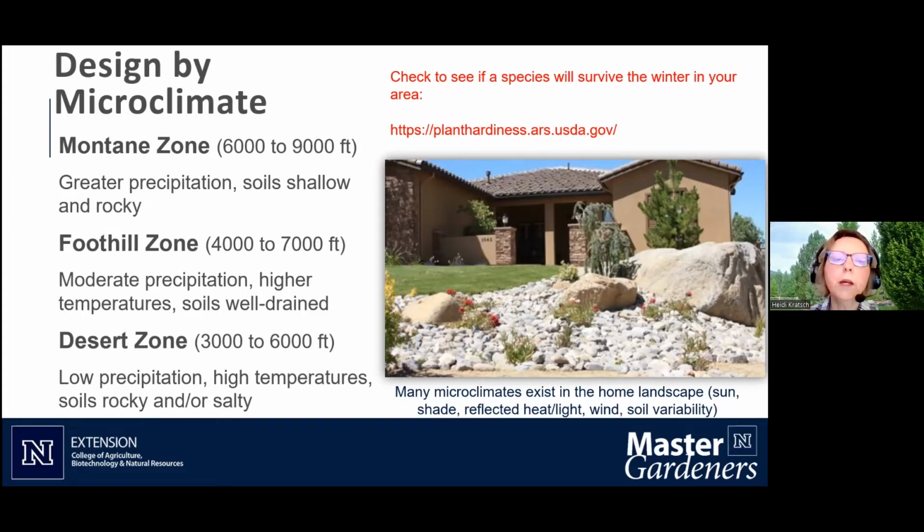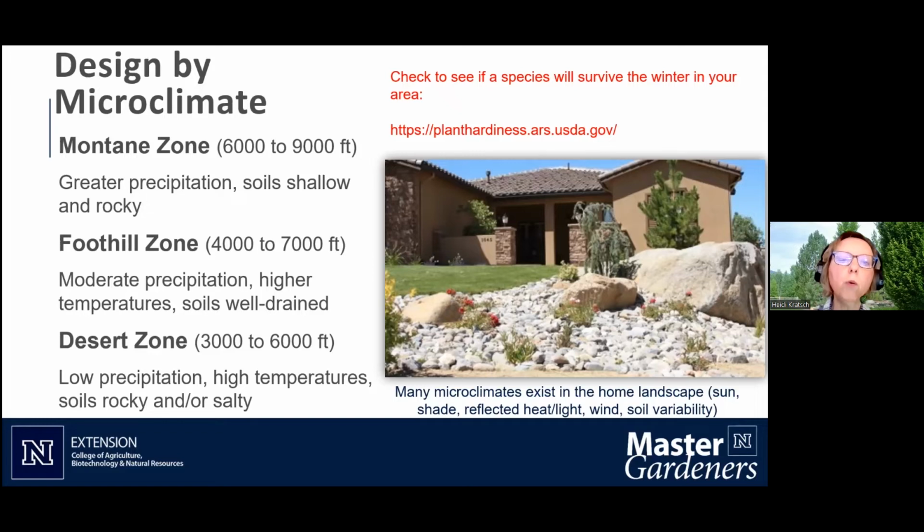The other thing you should pay attention to: in the following slides, we're going to talk about some of the plants that are native to these three zones, and all of the slides will indicate something called a hardiness zone rating. If you live in the northern part of the state or at higher elevation, you should really pay attention to the hardiness zone rating of your plant, which I've listed on each of the slides, and make sure it fits in the hardiness zone in which you live.